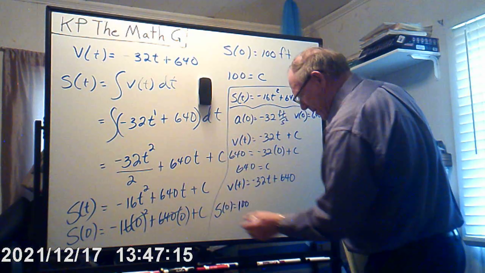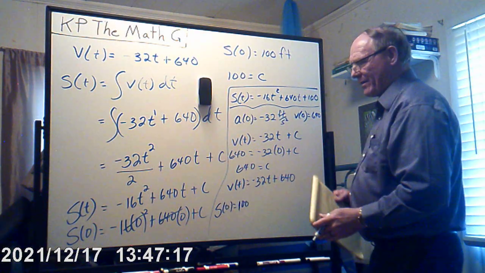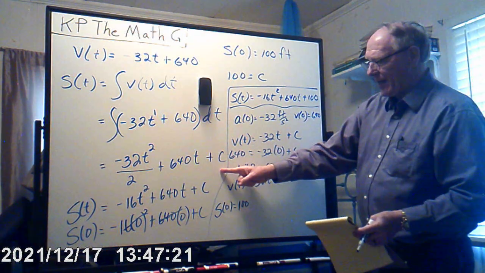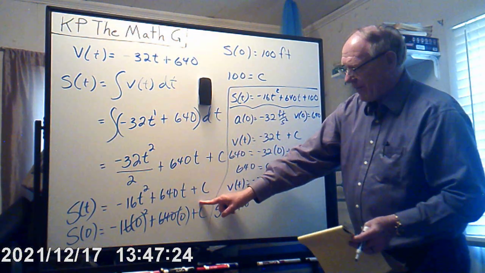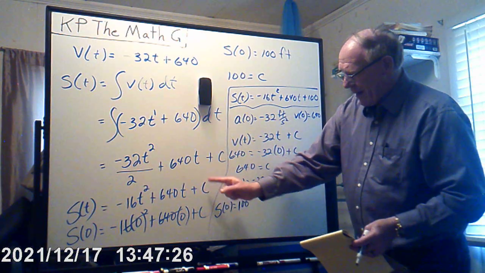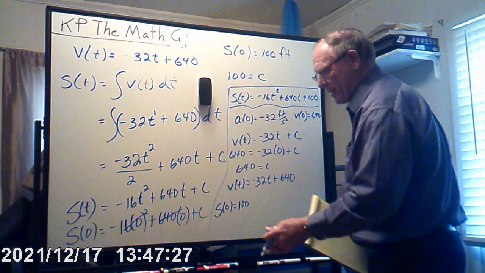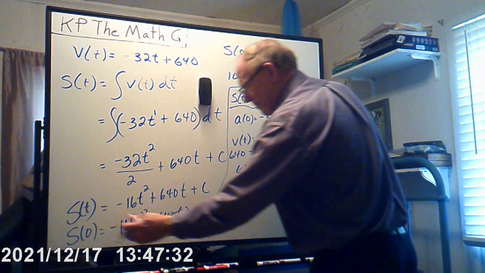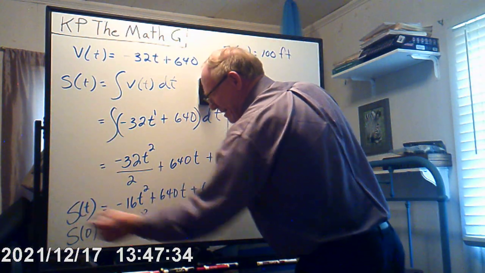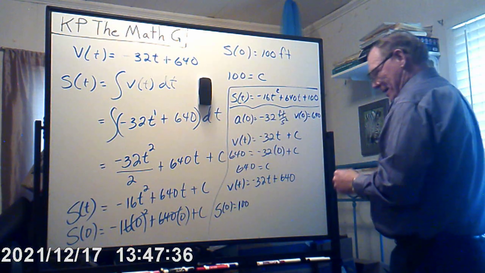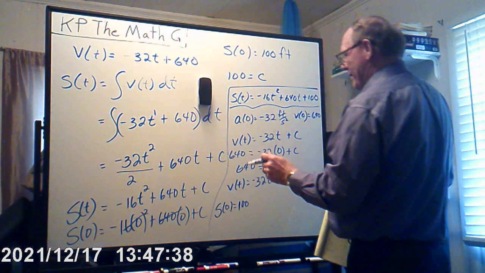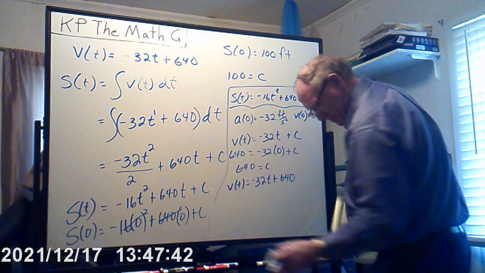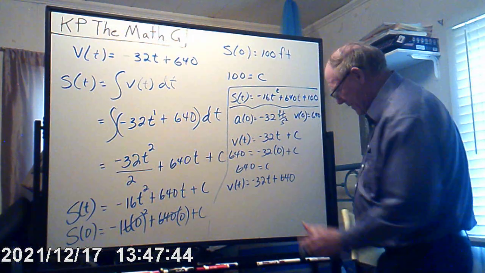What we did was take the antiderivative of v, we found that equation here, and we solved for c. We simply plugged in 0, 0, 0, and s at 0 was equal to 100. And then we came up with c being equal to 100.